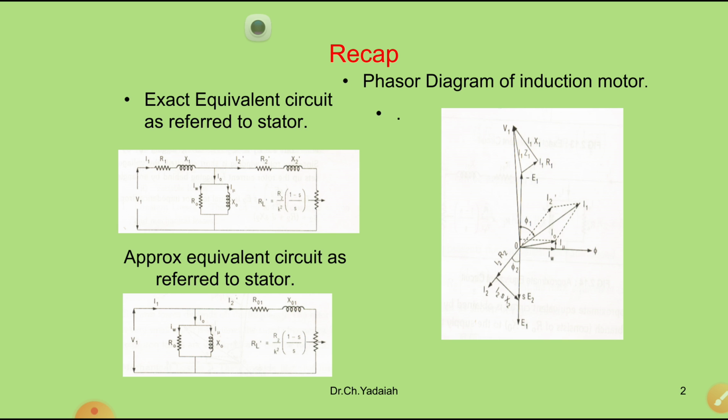How to draw the phasor diagram, how to find the equivalent values in an induction motor, that is R0, X0, R01, X01 referred to the primary side. These parameters can be found by conducting a few simple tests.